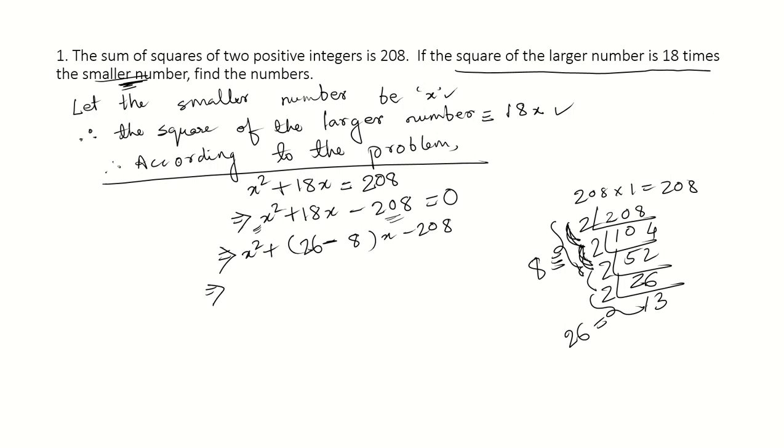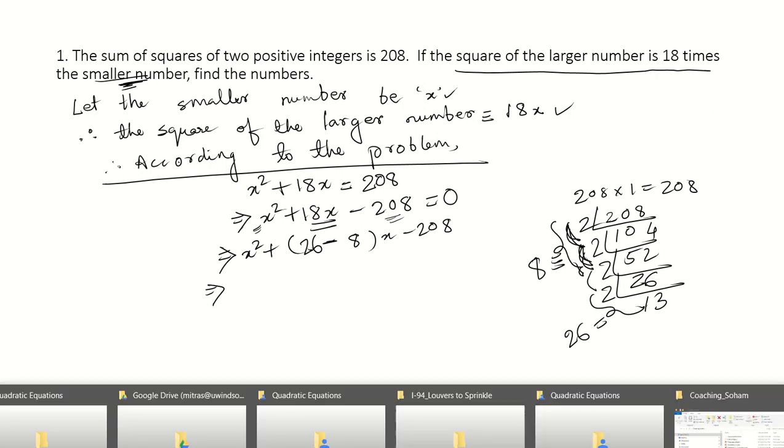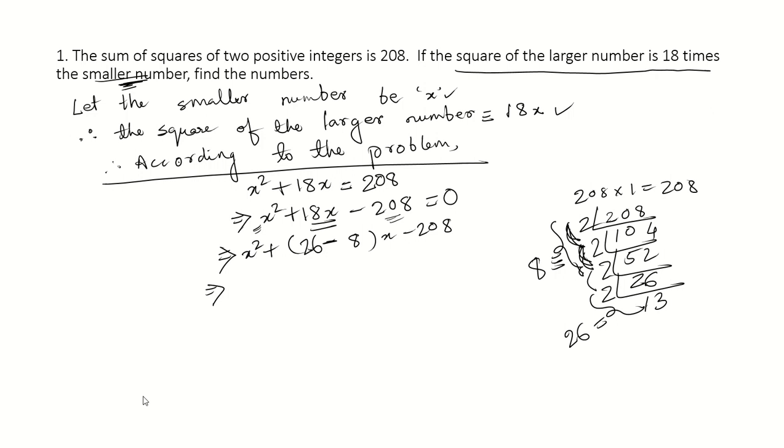Because 18x needs to be expressed as the difference of two other terms, we get those terms from the factors of 208 and the coefficient of the squared term. That's what we already discussed in quadratic equation 1, how to factorize an equation. So what we do here is x squared plus 26x minus 8x minus 208 equals 0.